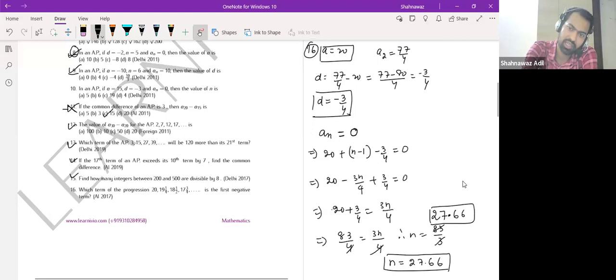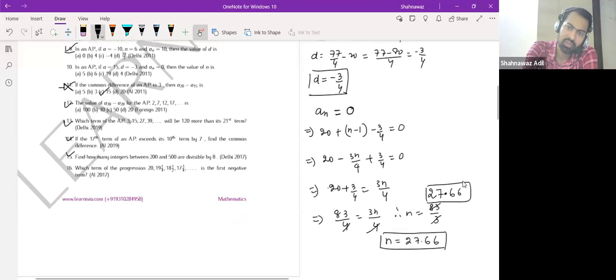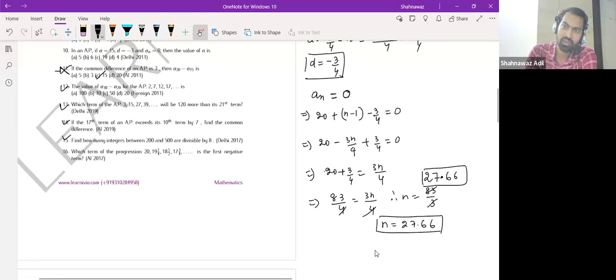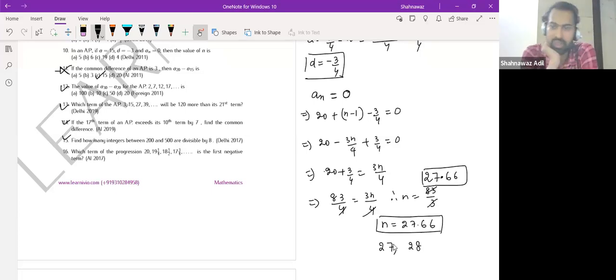No. Can this be a term? No. So we can only have the 27th term and the 28th term. Now you tell me which would be the answer.